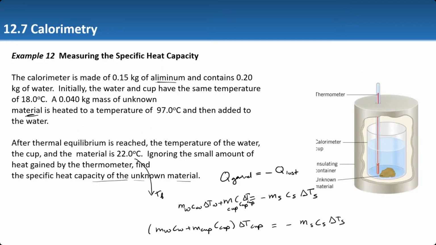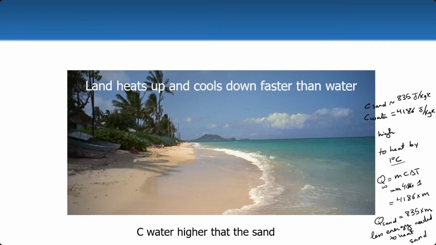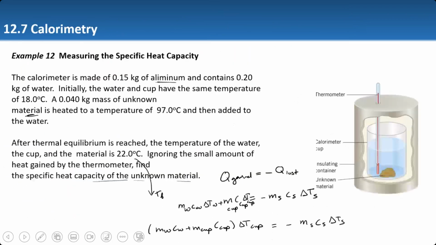If you check the table of constants, I remember we put it somewhere here. Yeah, here it is. So C of water, I told you we're gonna be using it a lot. As you can see, it is 4186. And that of aluminum is 900, by the way. So we're gonna be checking if we're gonna get 900 in our answer, and then we can tell if this is really aluminum.